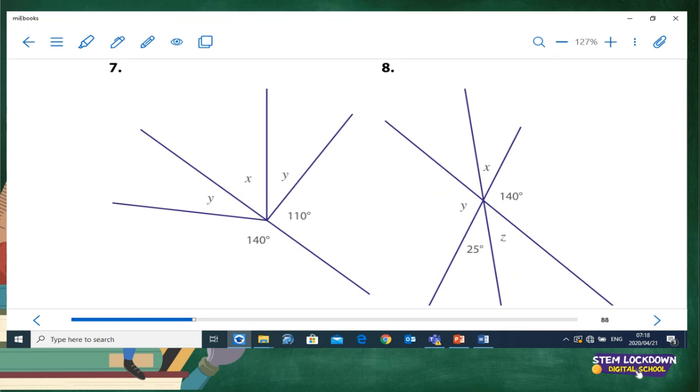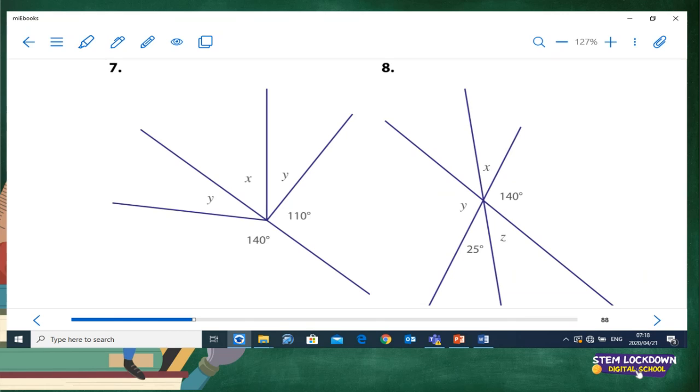And of course, if you look at this y here, the second one, and the x plus 110, those are angles on a straight line. And of course, angles on a straight line form 180 degrees.